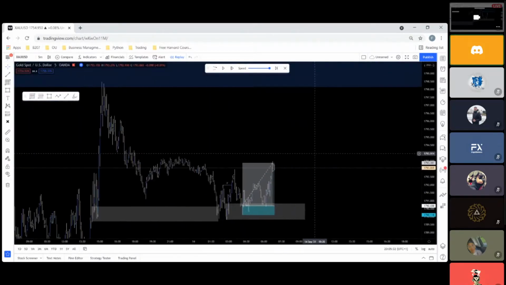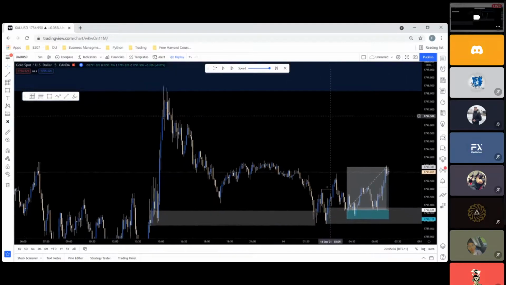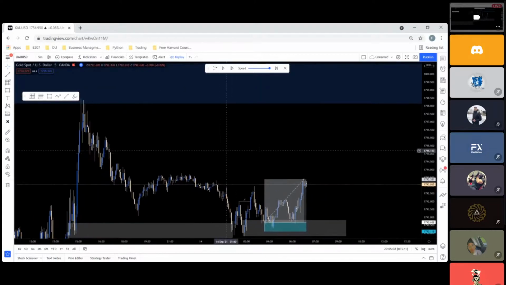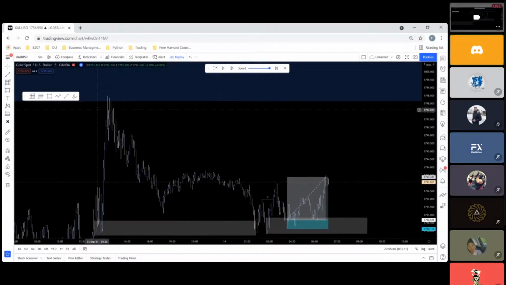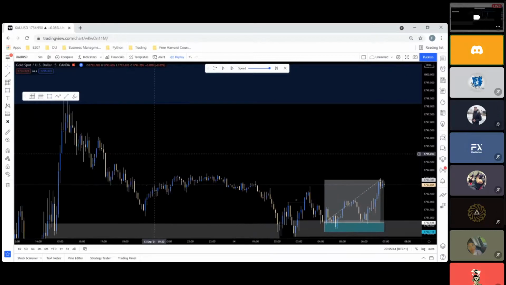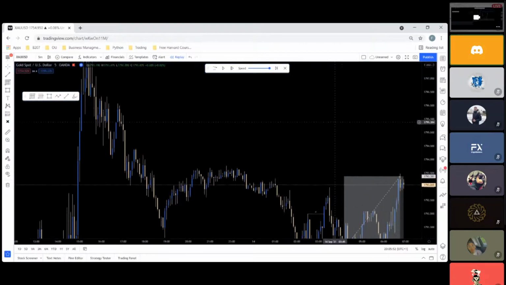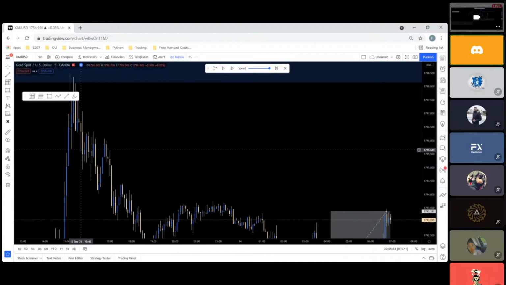So looking for maybe either price to come take this zone here. Something like this would be great because you've got inefficiency here above this liquidity that's been formed. And it's a supply zone 2.0, so obviously price has come in multiple times.